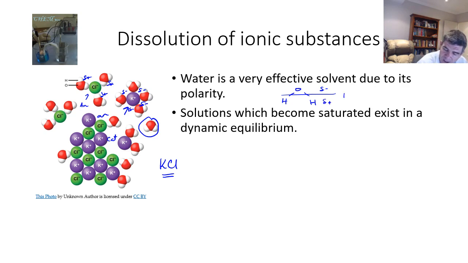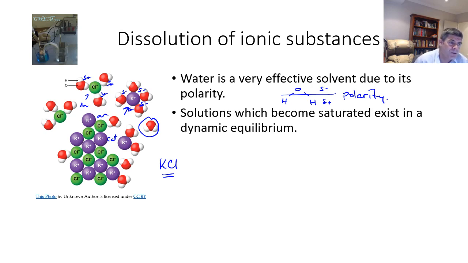This polarity is what is doing all the attracting. The fact that the water molecule has a positive and a negative side, and the fact that it's a liquid, means that the molecules can rotate and orient themselves in such a way as to attract those individual ions.